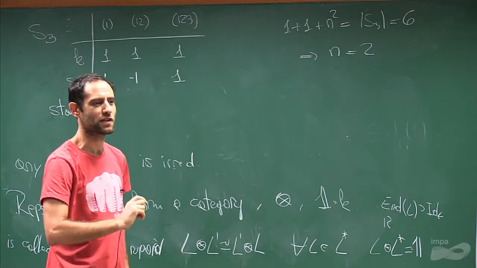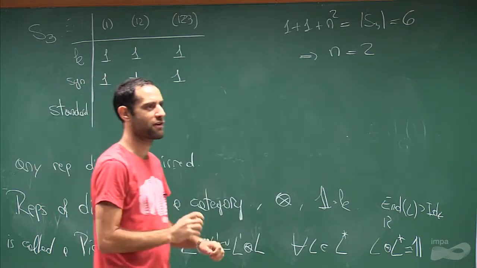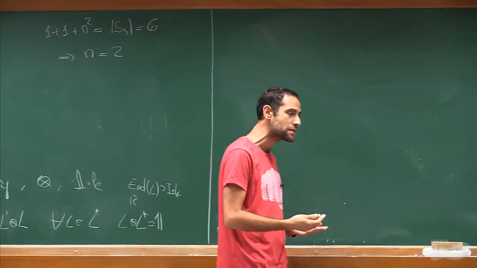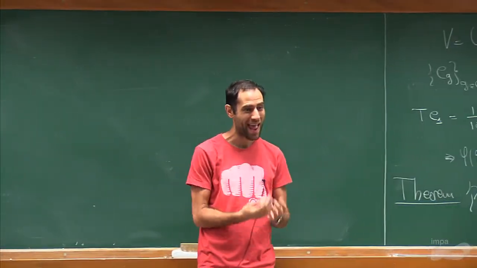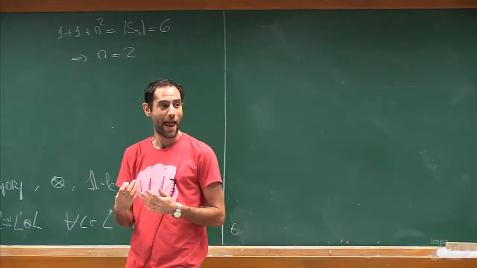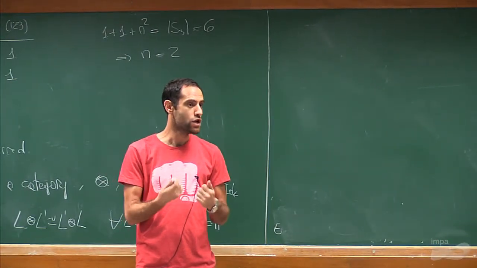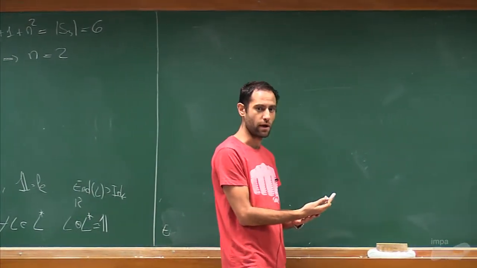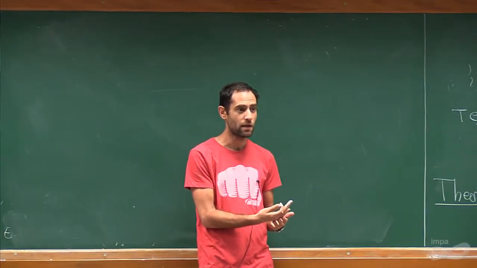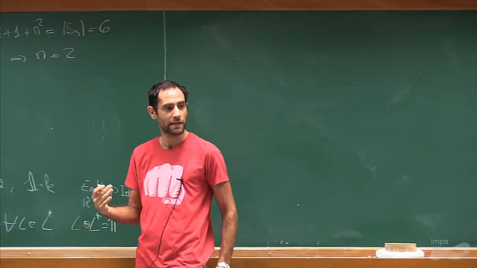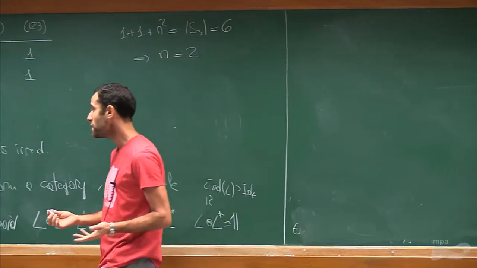Since we don't have time, I'm not going to write it. So the exercise is this: take a set of n elements and look at the action of the symmetric group on n elements on that set. That gives you a representation of dimension n that is obviously not irreducible, because the sum of all the elements in the basis spans an invariant space. Then the quotient is irreducible, and that's called the standard representation of Sn. That's true for every n.